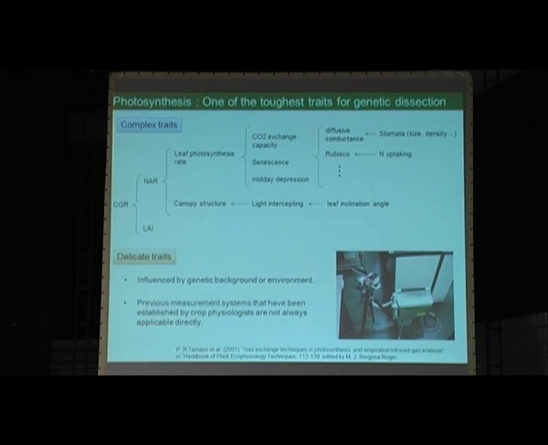However, this kind of machine needs some time to stabilize the environmental condition in the chamber before starting actual measurement, which makes it difficult to apply directly to a large number of samples. These two concerns, complexity and delicacy, have made the photosynthesis trait difficult to treat by genetic dissection.